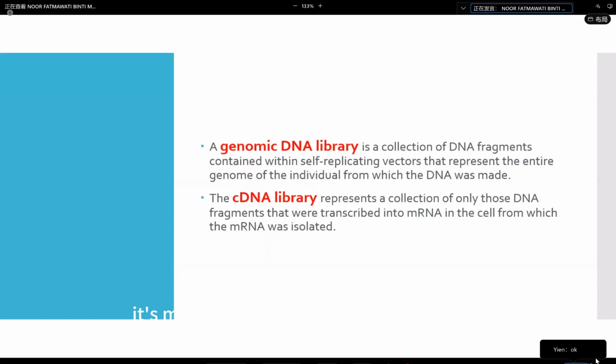Usually it is much larger compared to a cDNA library, because genomic DNA contains both exons and introns. The cDNA is a complement from the RNA. RNA you reverse transcribe, making it DNA. So a cDNA library represents a collection of only those DNA fragments that were transcribed into mRNA in the cell from which the mRNA was isolated.